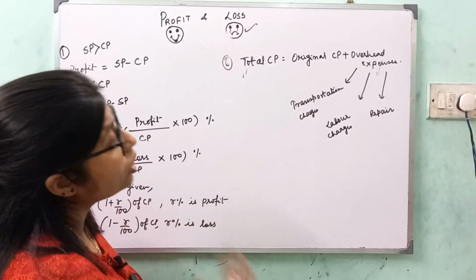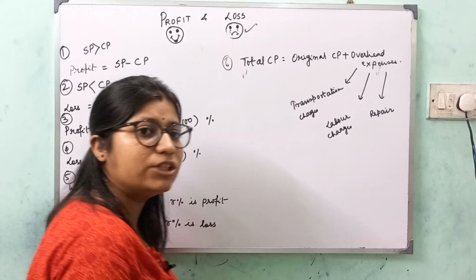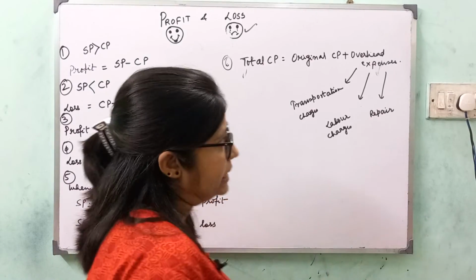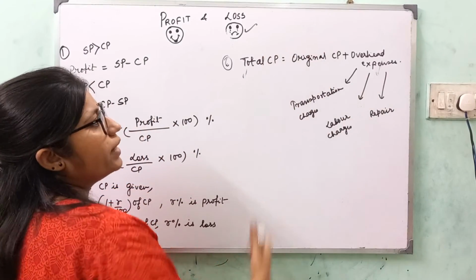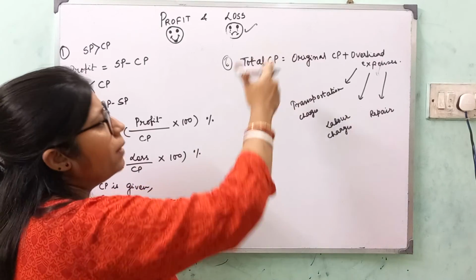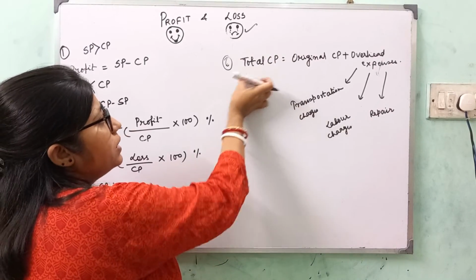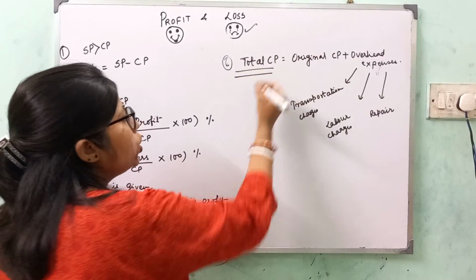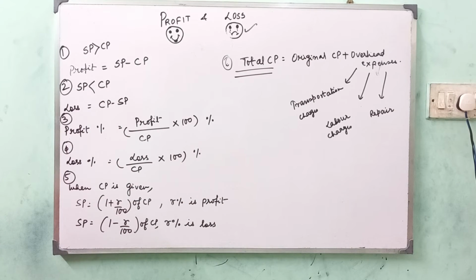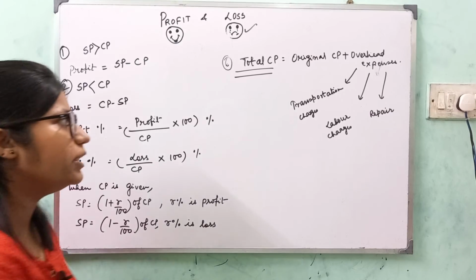That is, the original cost price, meaning the price at which you are purchasing the article or the item, plus the overheads that you are spending in order to buy the article, and the sum of these two will give you the total cost price. So once you get the total cost price, after that you can find out the loss or the profit.